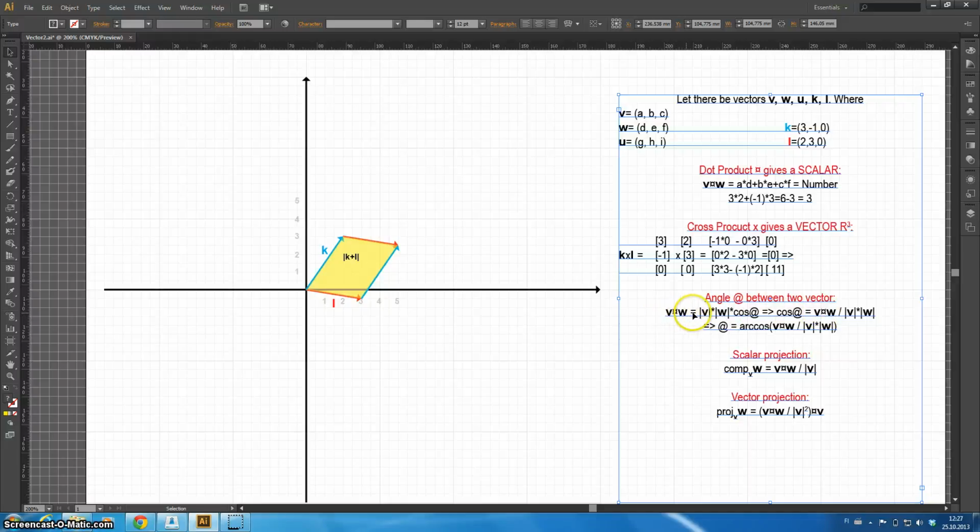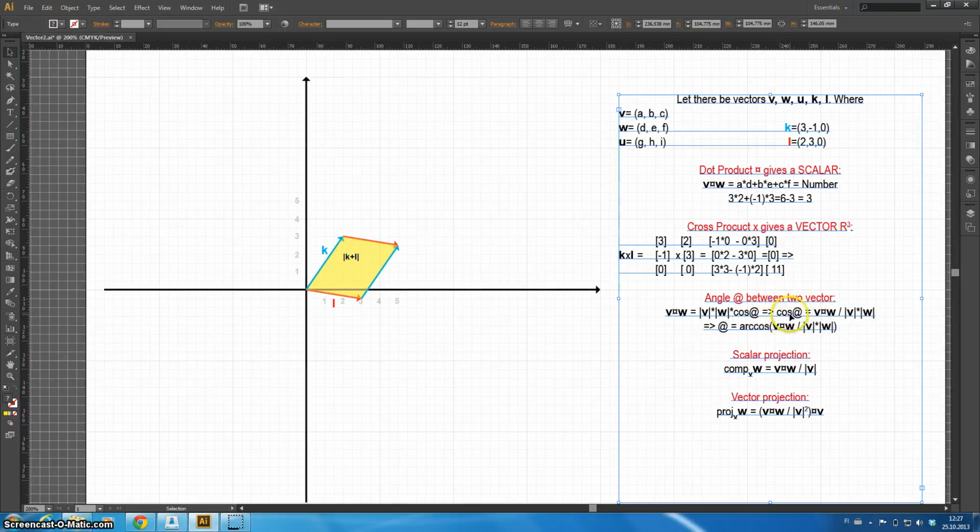The product of two vectors is the length of those vectors multiplied with the cosine of the angle, let's call it theta.